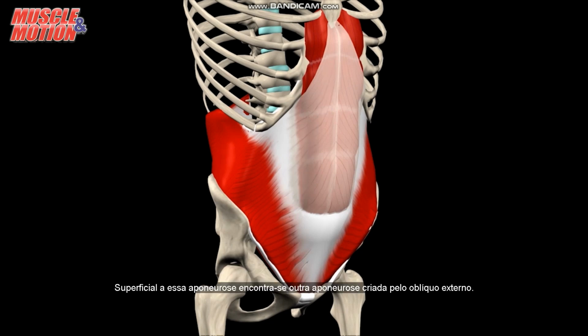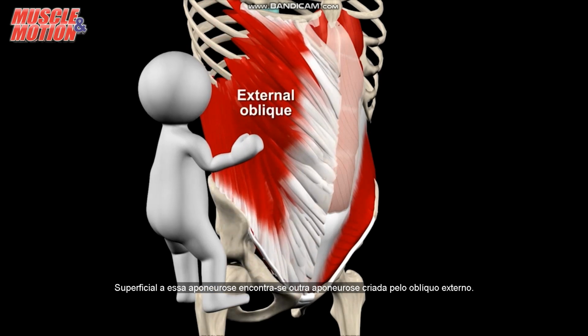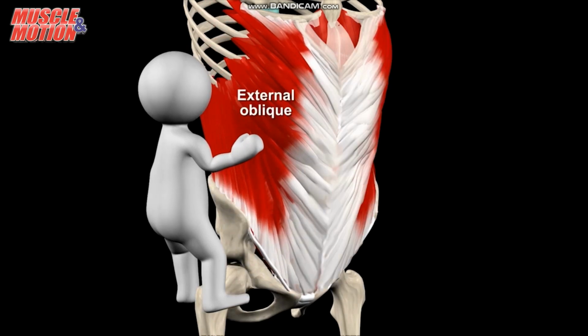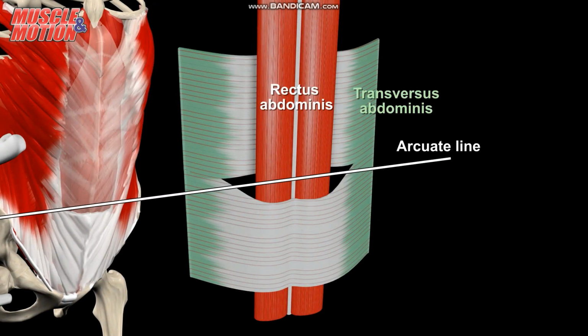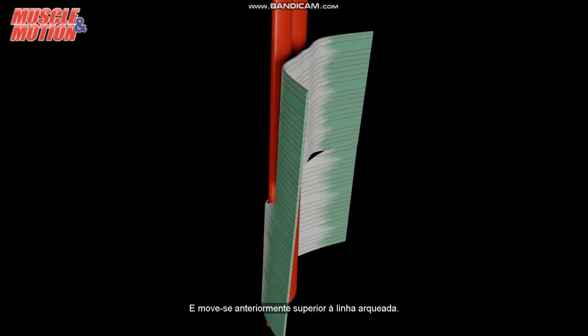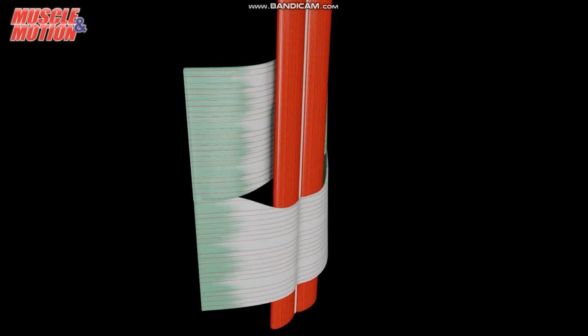Superficial to that aponeurosis lies another aponeurosis created by the external oblique. Let's examine the various muscles and sheaths in relation to the arcuate line. The rectus abdominis runs posterior to the transversus abdominis inferior to the arcuate line, and moves anteriorly superior to the arcuate line.